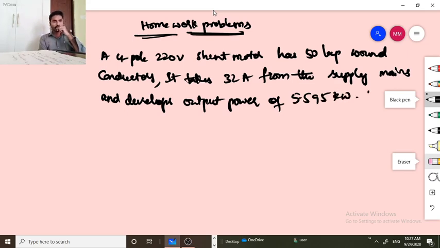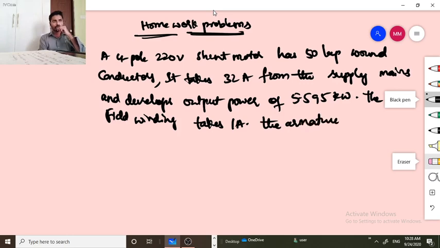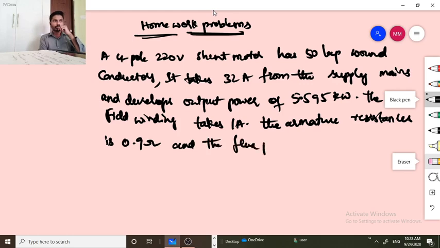The field winding takes 1 ampere. The armature resistance is 0.9 ohm, and the flux per pole is 30 milliwebers.